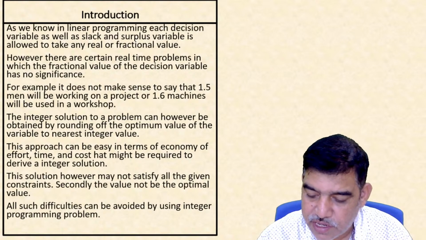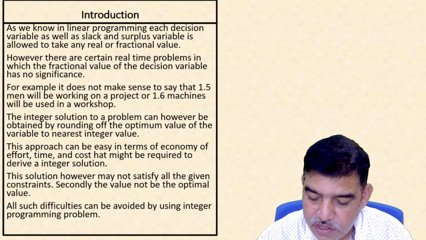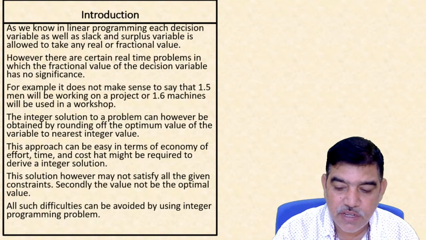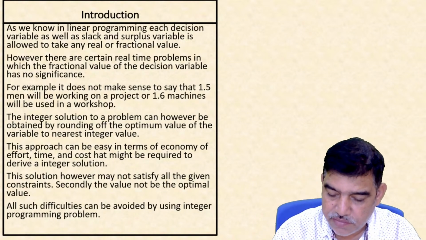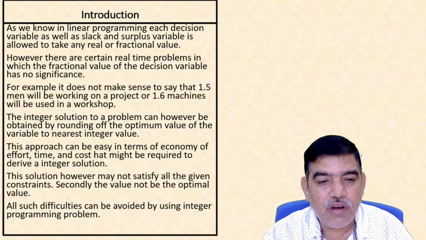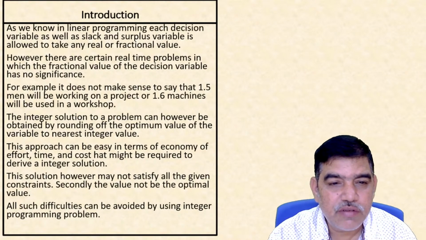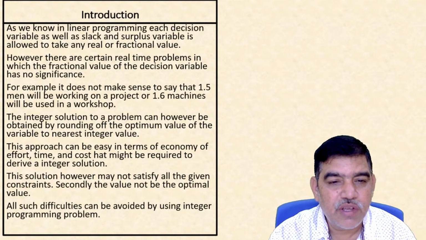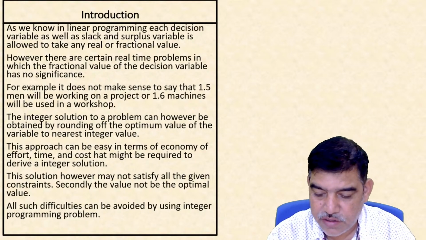The objective of unimodularity is to examine such conditions. That is the meaning of unimodularity. That means all the decision variables must be greater than or equal to 0 and integers.